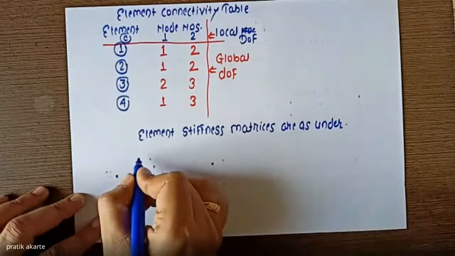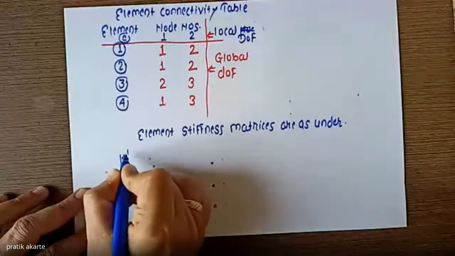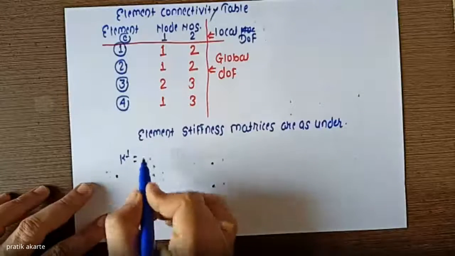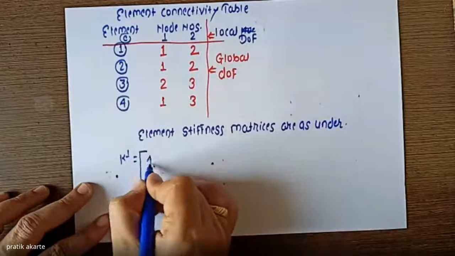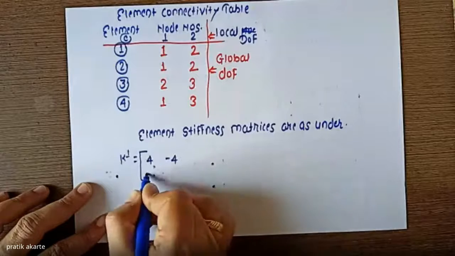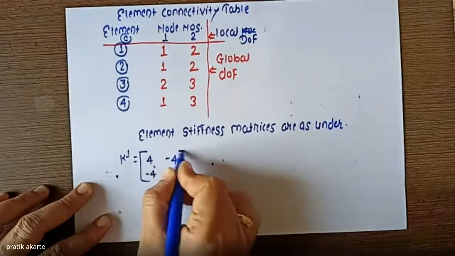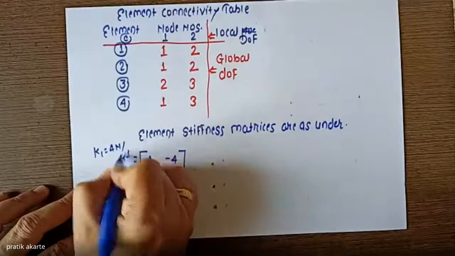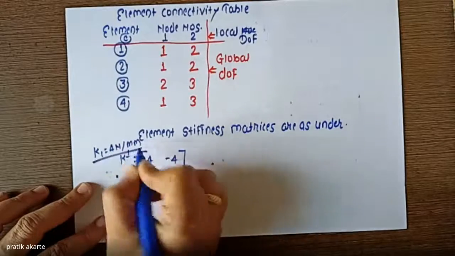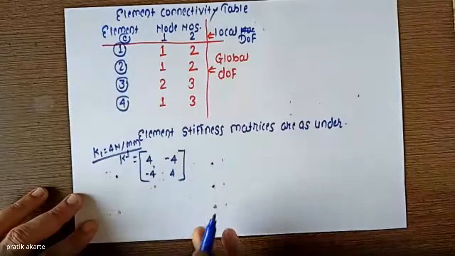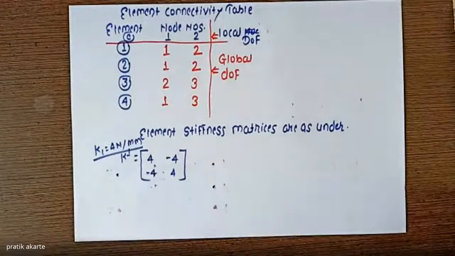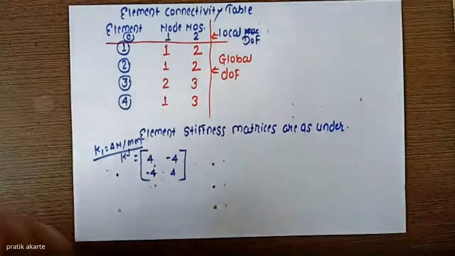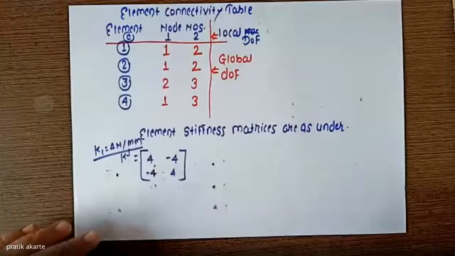So we can write K1 for element number 1 as 4, minus 4, minus 4 and 4, which is stiffness K1, 4 Newton per mm, which is given to us. There is no cross-sectional area, no modulus of elasticity, no length to be considered. So this is a straightforward marking of the element stiffness matrices.